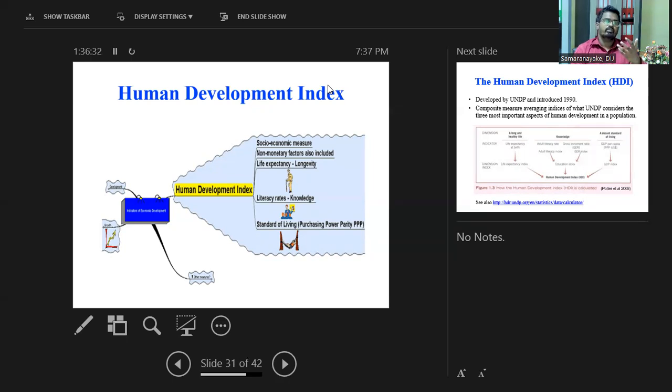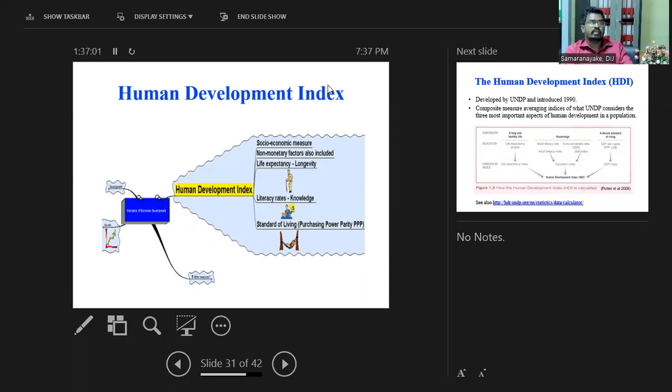So the Human Development Index tries to say that we have more socio-economic measures, and we also include non-monetary factors. We think of life expectancy, longevity, knowledge, literacy rates, and we think of standard of living through purchasing power parity. These are the things we consider under the Human Development Index.